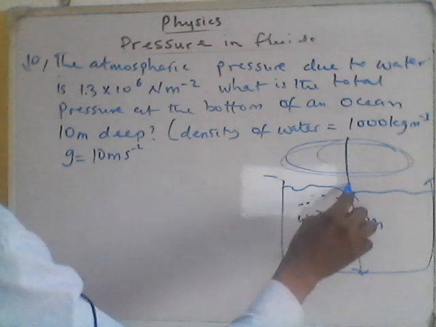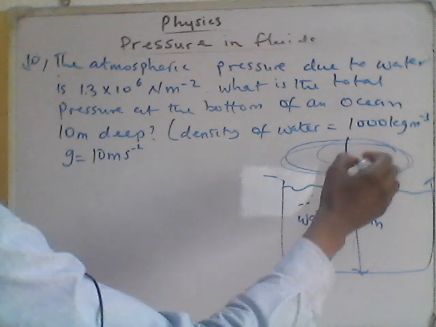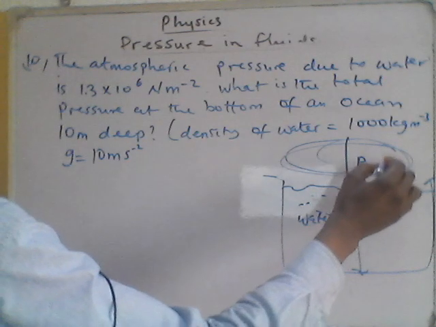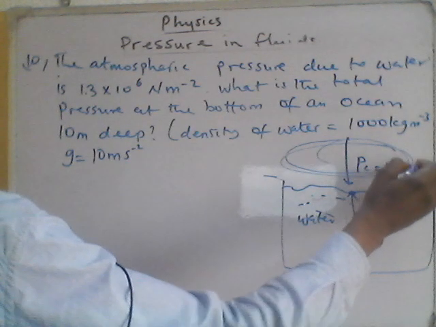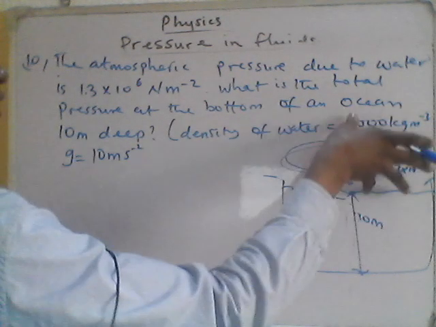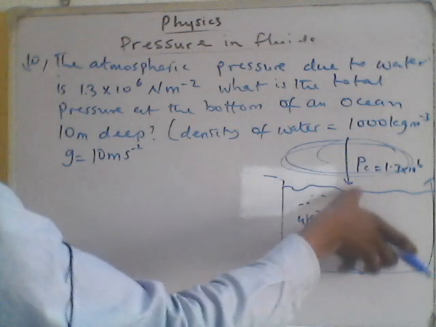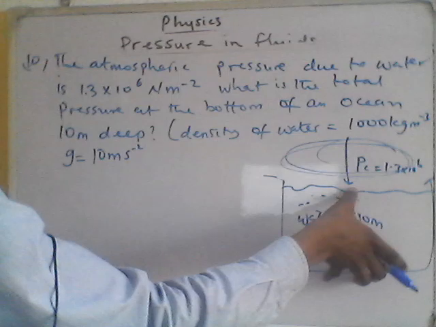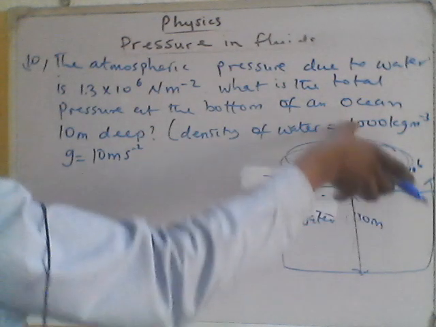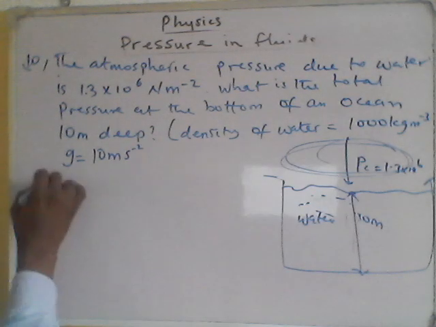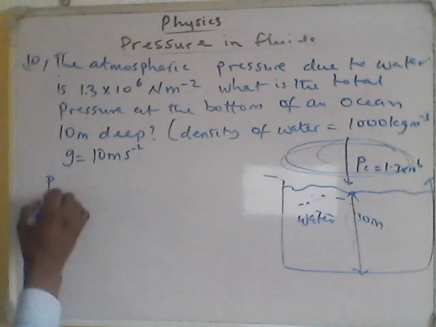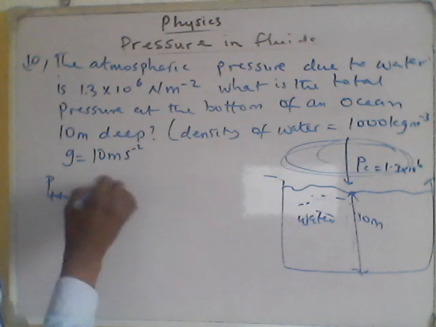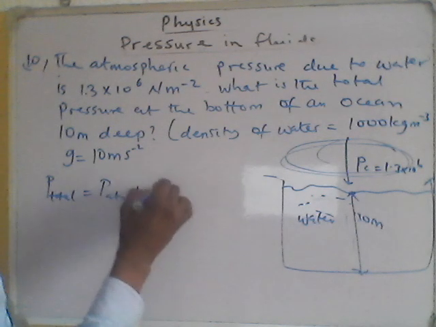So for this body of air, there's an atmospheric pressure that is given as PA, which is 1.3 times 10 to the power 6. So this one is already computed. But we need to also compute the pressure that this water will give at the bottom. So we add the pressure due to water and the pressure due to atmosphere. So total pressure, P total, is equal to P atmosphere plus P water.